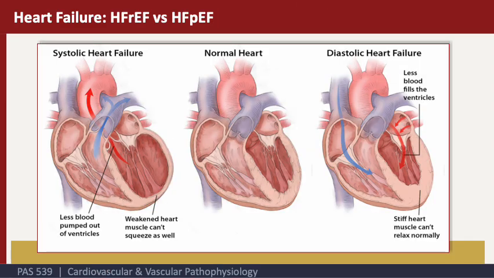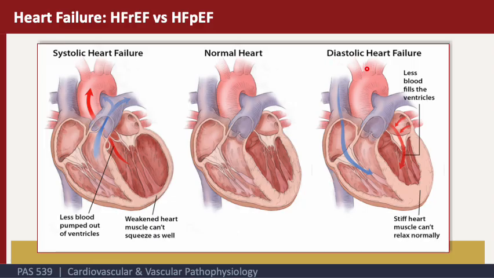Okay, this slide just gives an illustration, or it's a cartoon, of what you would see. So systolic would be the reduced ejection fraction, can be due to a weakened left ventricle or a dilated left ventricle. There's less blood pumped out of the ventricles, and weakened heart muscle can't squeeze as well.